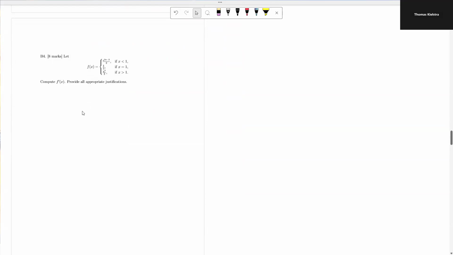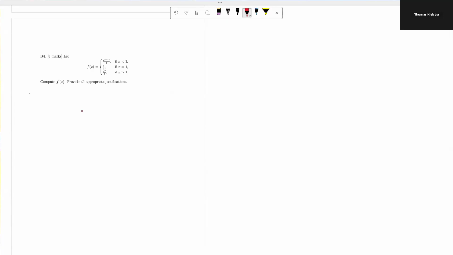Next, we're computing the derivative of this function. Now, when we have a piecewise function like this, within a domain, so in the interior of a part of the function, I can compute the derivative by just computing the derivative of this expression.